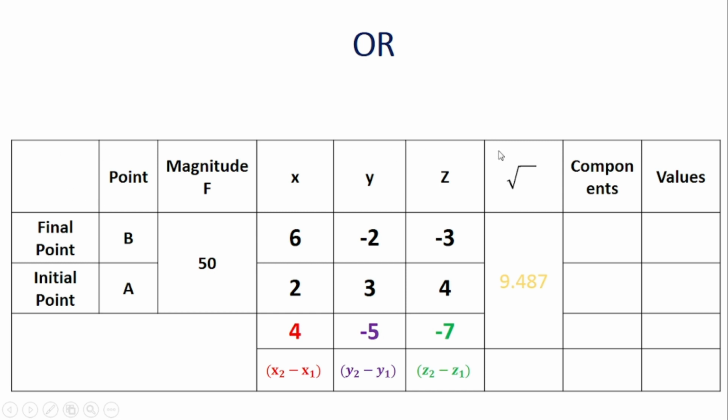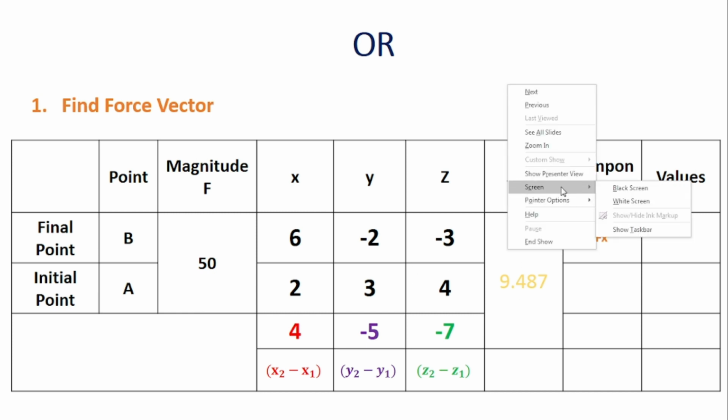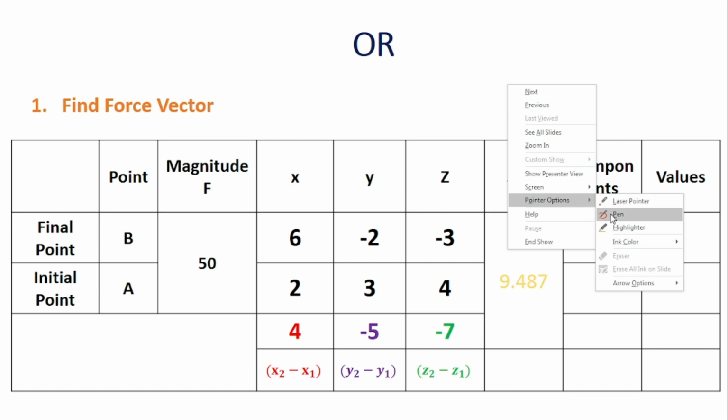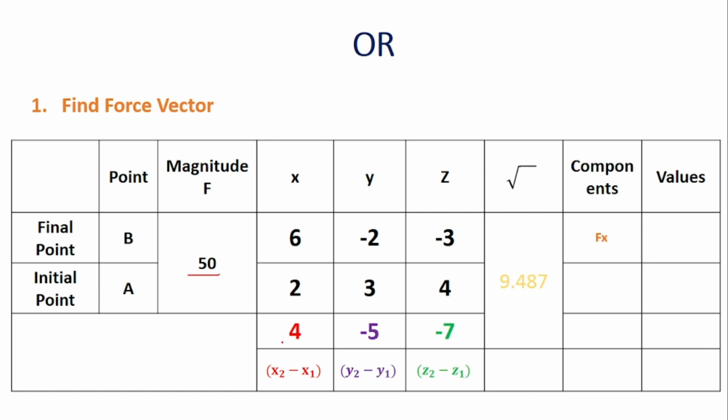So we have already calculated this table. The next component of the force vector is Fx. Fx is equal to magnitude into (x2 minus x1) divided by the square root of this answer. So Fx can be calculated using these values, like 50 into 4 divided by 9.487.